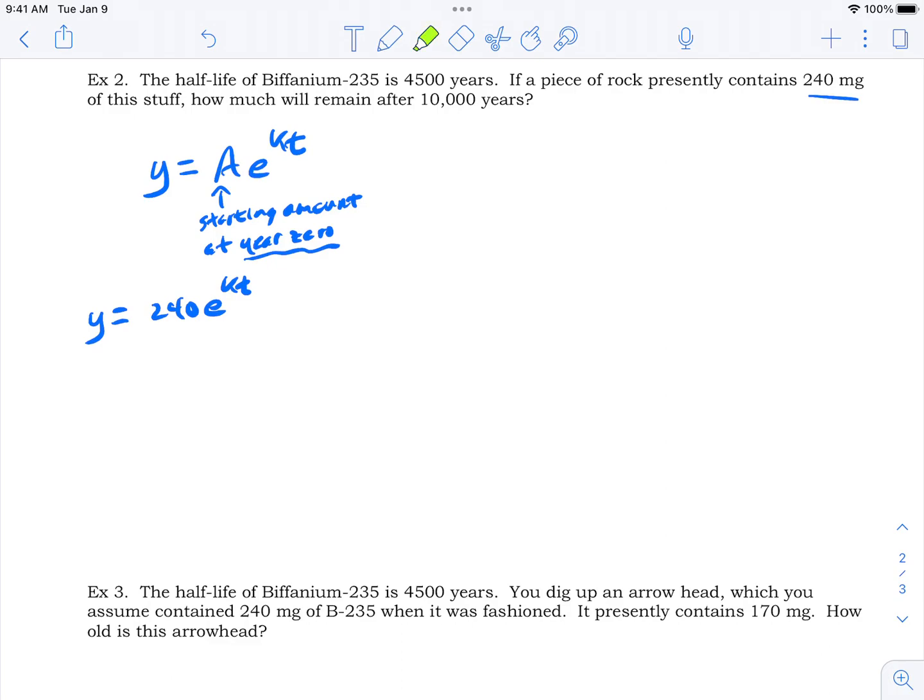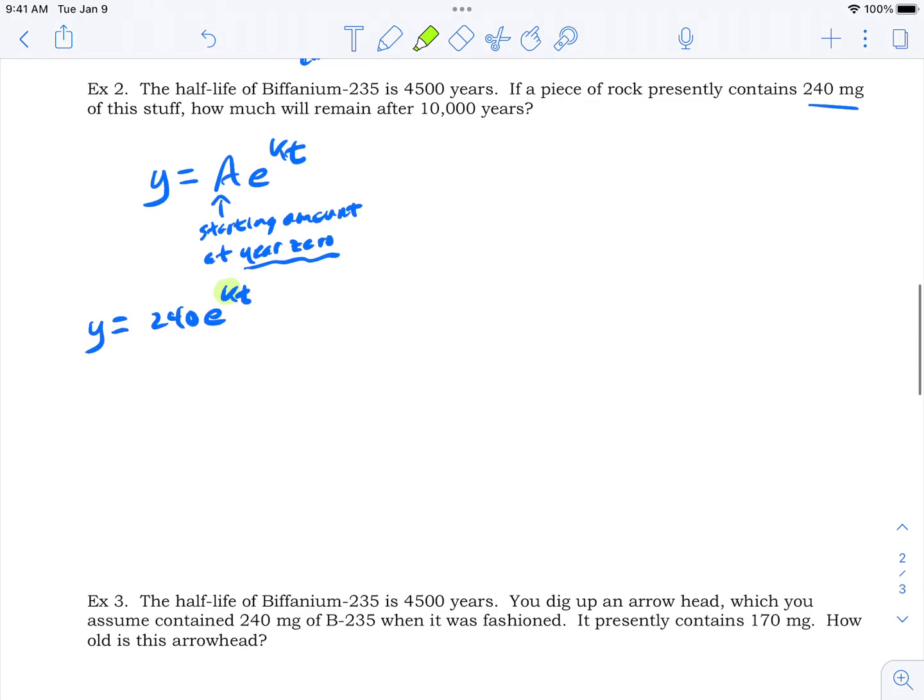The hard part is, how are we supposed to figure out what k is? Remember how we got k in the previous problem? We plugged in a data point, right? Well, where's my data point here? I need a data point of some sort. Well, here's a data point.